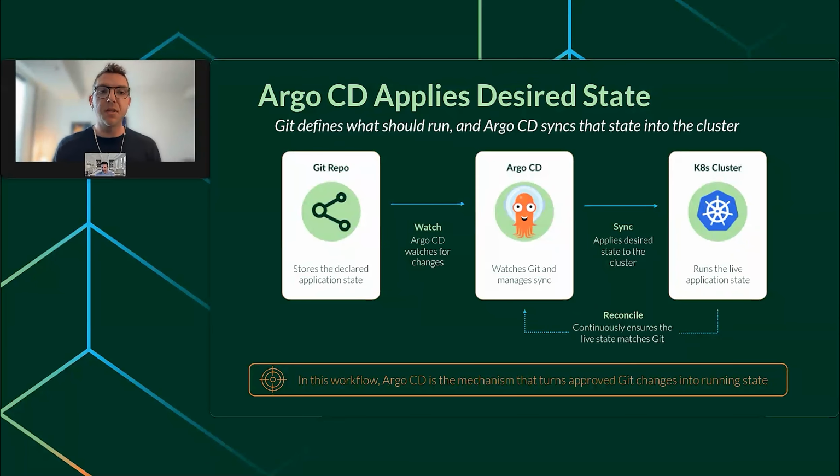The workflow looks like this: we deploy our YAML definitions into a Git repo, and Argo CD acts as the gatekeeper, where it looks at this Git repo, looks at the cluster, and makes sure that those are both matching. Then we give Argo the permission to say, if someone goes in and manually changes something on a cluster, it has the permission to roll it back.